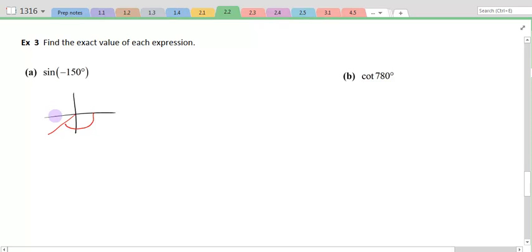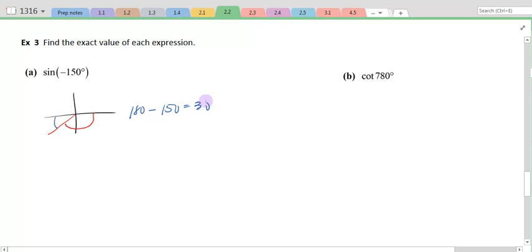So I'm going to find the reference angle for this small value right here, and that's 180 minus 150, giving me 30.